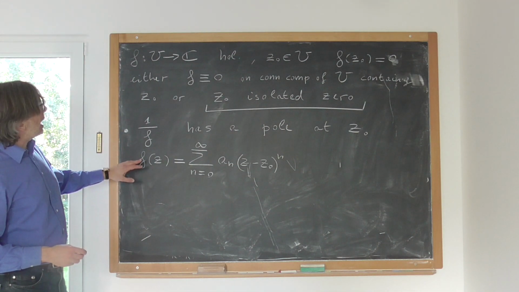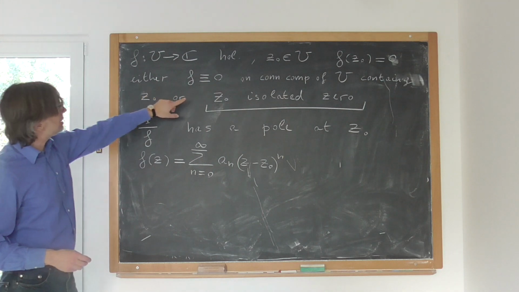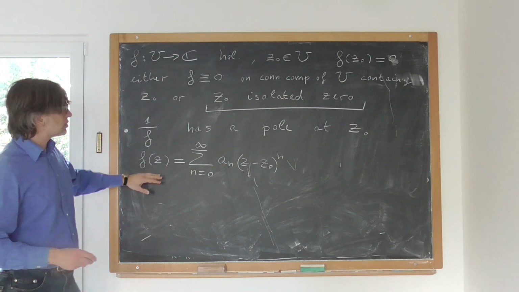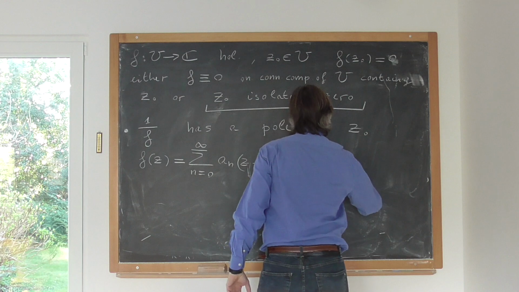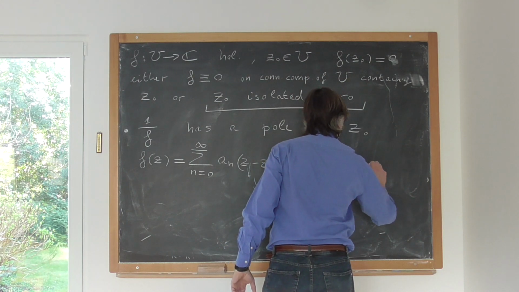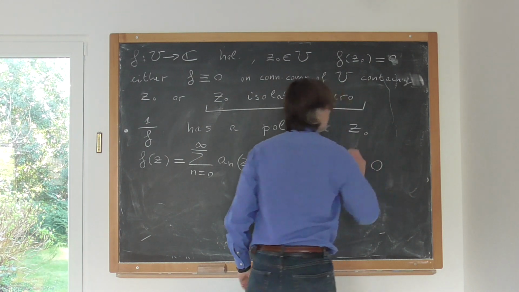But z naught is a 0 of this function. So we obtain that a naught, the first coefficient, is 0.